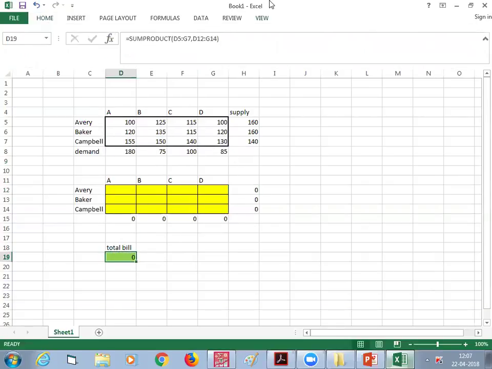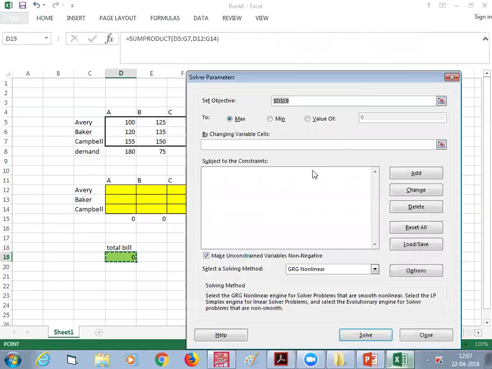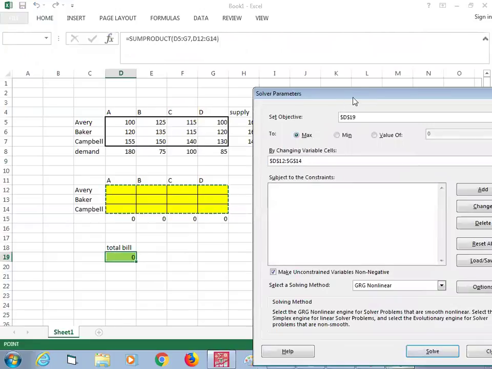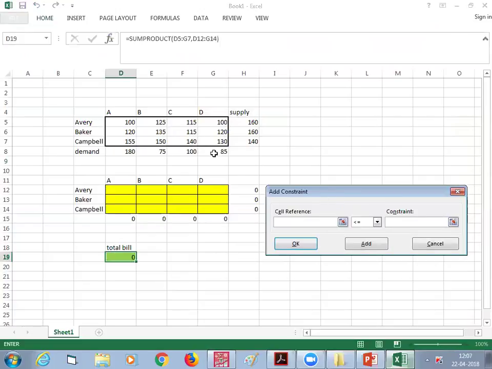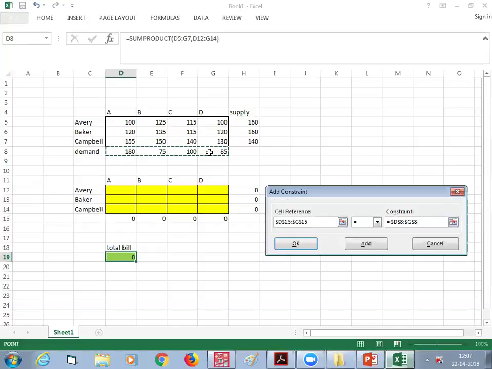So now we take Solver. We want to maximize this total bill, or total revenue. The variables are these, and the constraints: the demand constraints should be equal to the demand, because we want to satisfy all the demand.